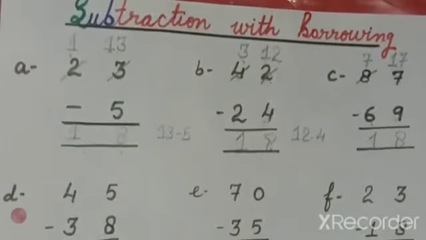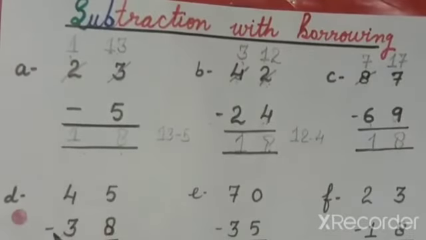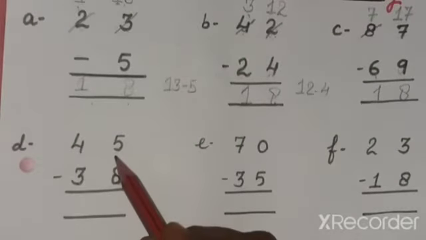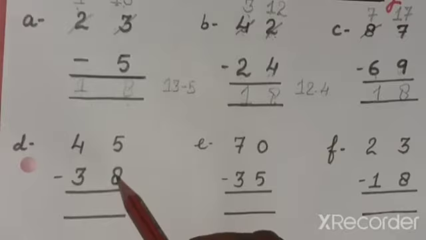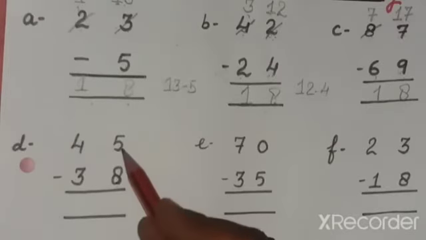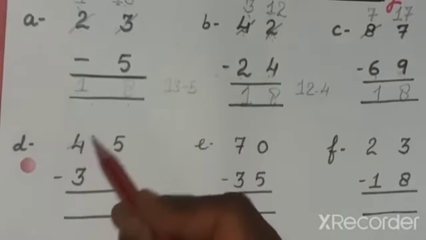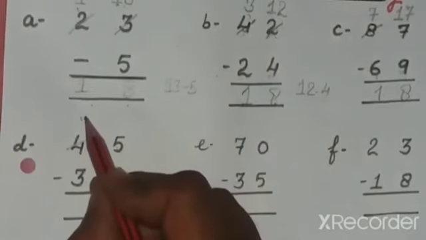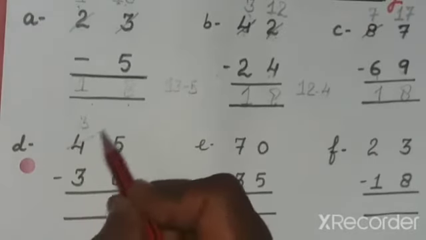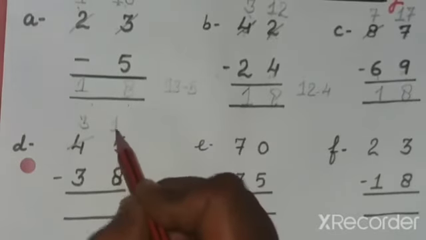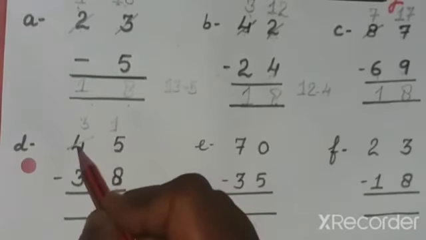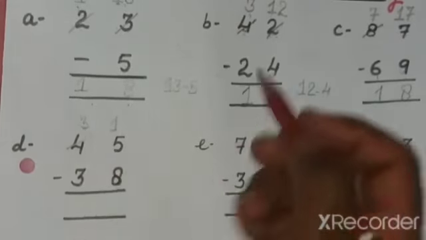Next is 45 minus 38. The first thing we need to do is subtract the digits in the ones place, on the right side. So 5 minus 8 is not possible. 5 can't subtract 8, so we need to borrow 1 from this place. Cross it out and replace it with 3, because 4 has given 1 to the ones place digit. 4 minus 1 is equal to 3.